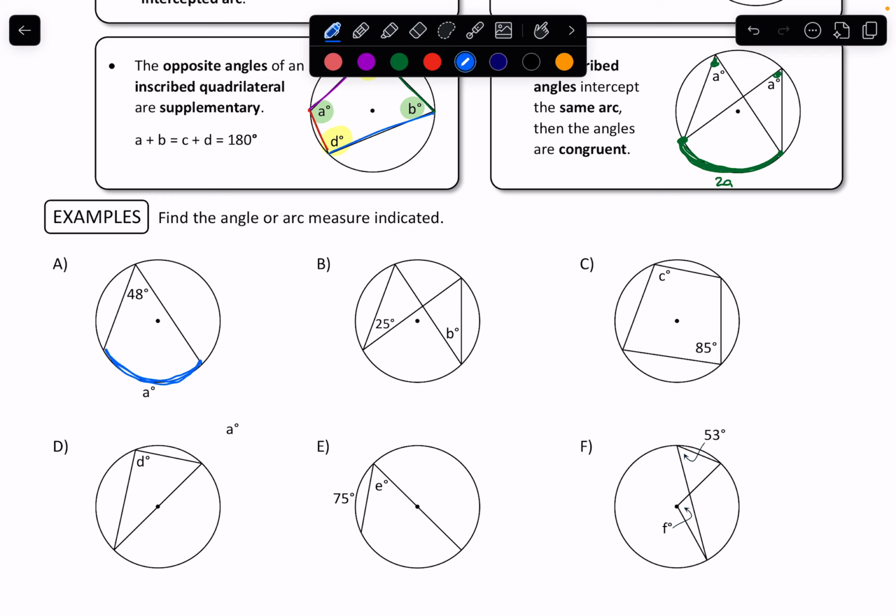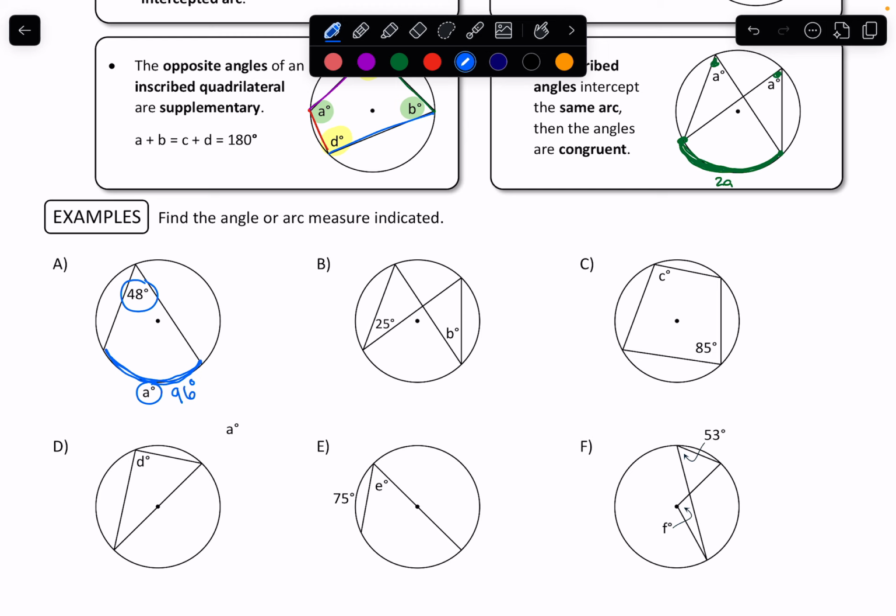Well, the rule up above tells me that this angle is half of this arc. So if my little angle is 48 degrees, then this arc on the outside is double that. It's 96 degrees. Example B, sometimes I'll tell you what, colored pencils are going to make your life a lot easier on these circle assignments.